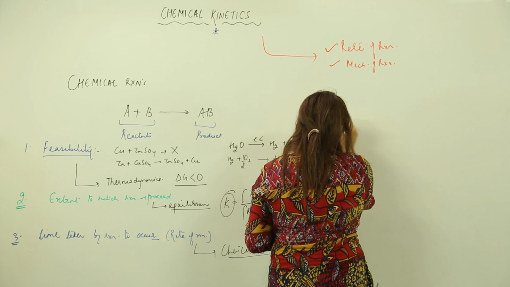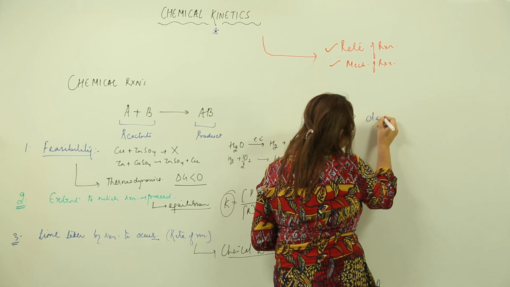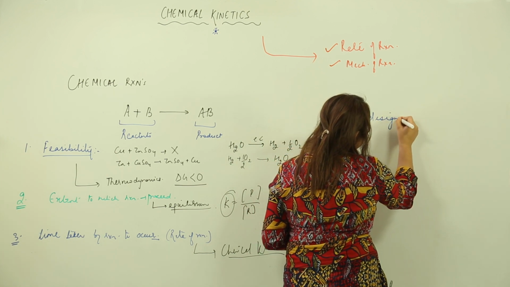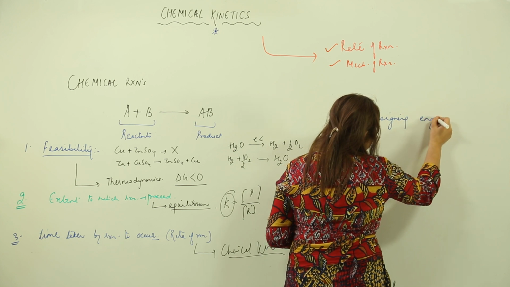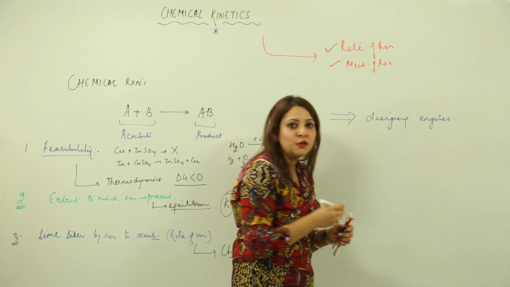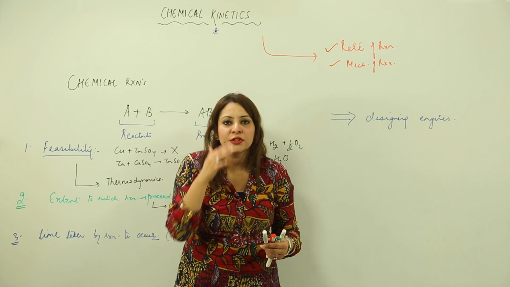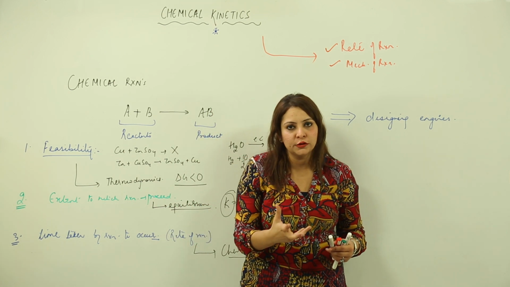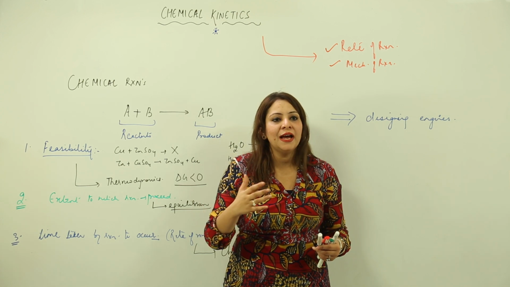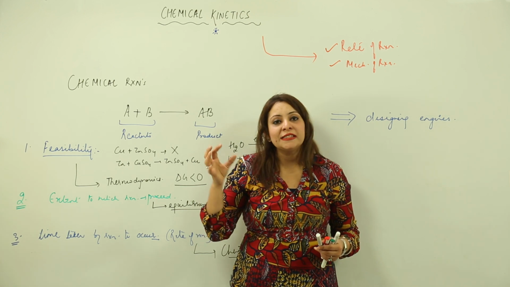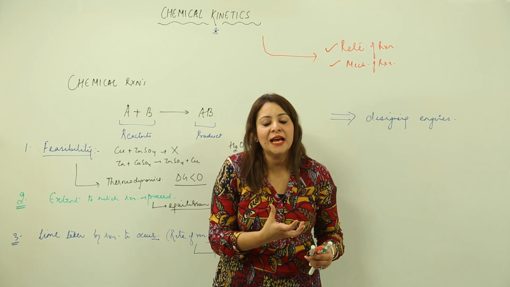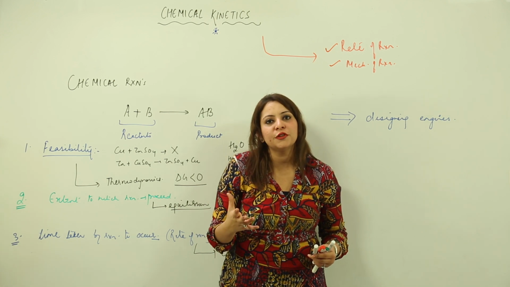It helps in designing the engines which are used in automobiles. Now see how it is used in designing the engines. We have different kinds of fuels: petrol, diesel, CNG, hydrogen gas. Many kinds of fuels are being used.